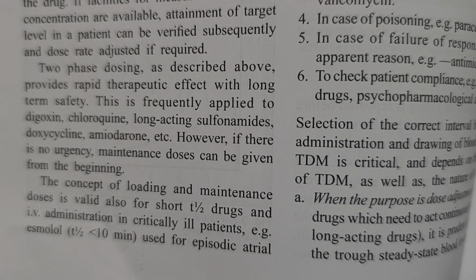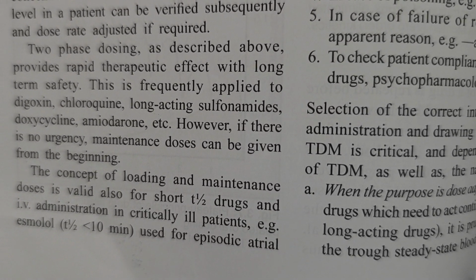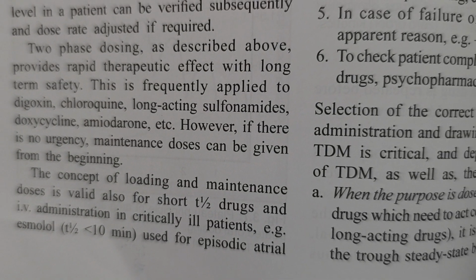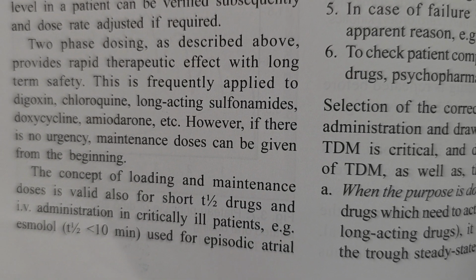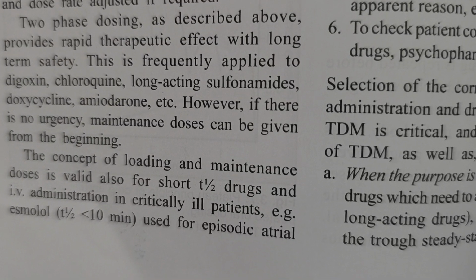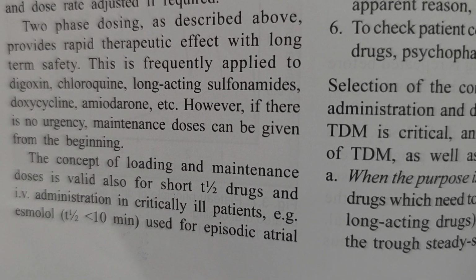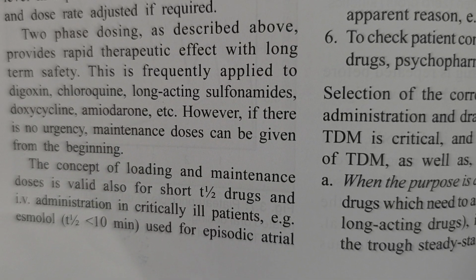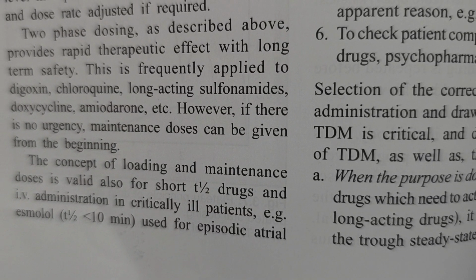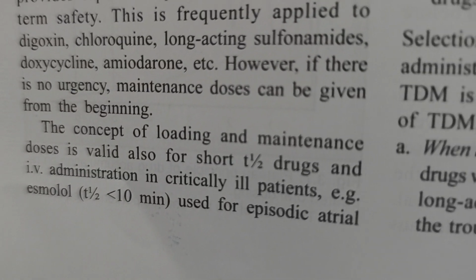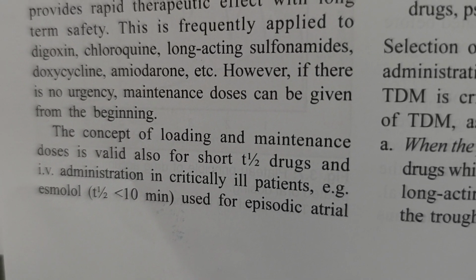The two-phase dosing as described above provides rapid therapeutic effect with long-term safety. This is frequently applied to digoxin, chloroquine, long-acting sulfonamides, doxycycline, amiodarone, etc. However, if there is no urgency, maintenance dose can be given from the beginning.